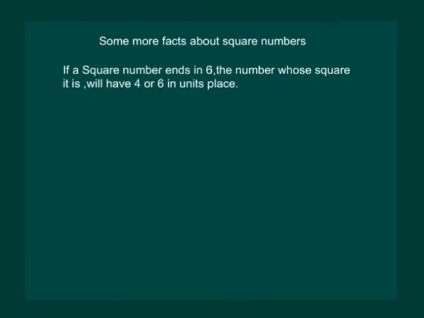Another fact is that if a square number ends in 6, the number whose square it is will have 4 or 6 in units place. Let us consider some square numbers which end in 6. We have 16, then we have 36, we have 196 and 256.